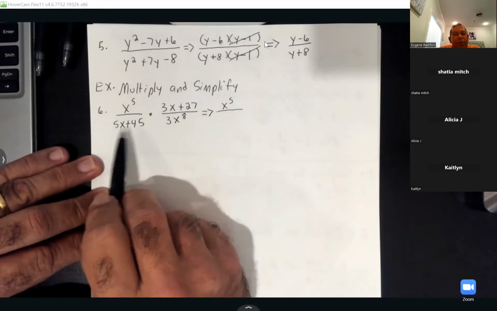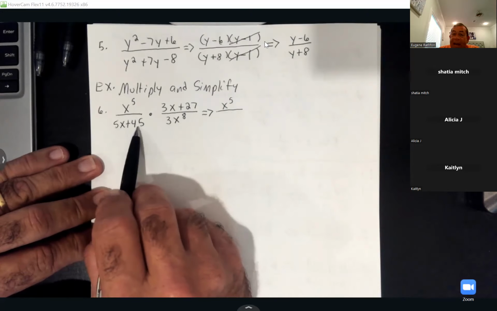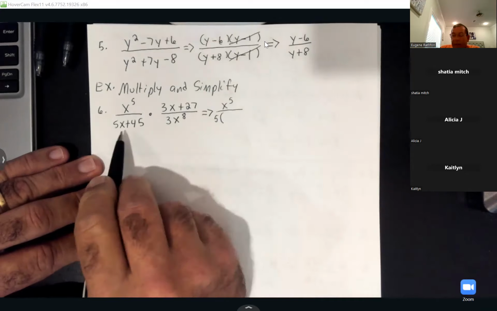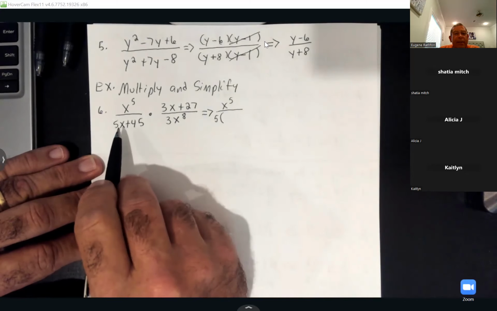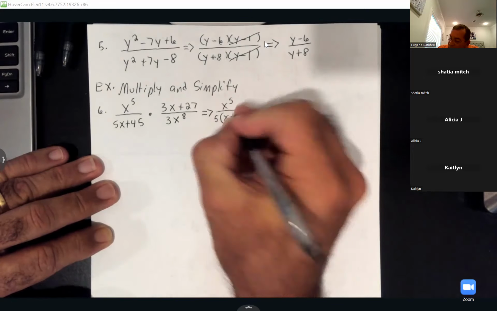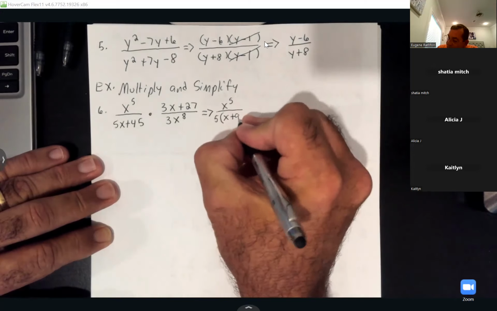But the 5x plus 45, we can factor out a GCF on these two. Both of these will divide by 5. So we're going to factor out a 5 and see what's left in our parentheses. So 5x divided by 5 will leave us an x, plus 45 divided by that 5 leaves a 9.